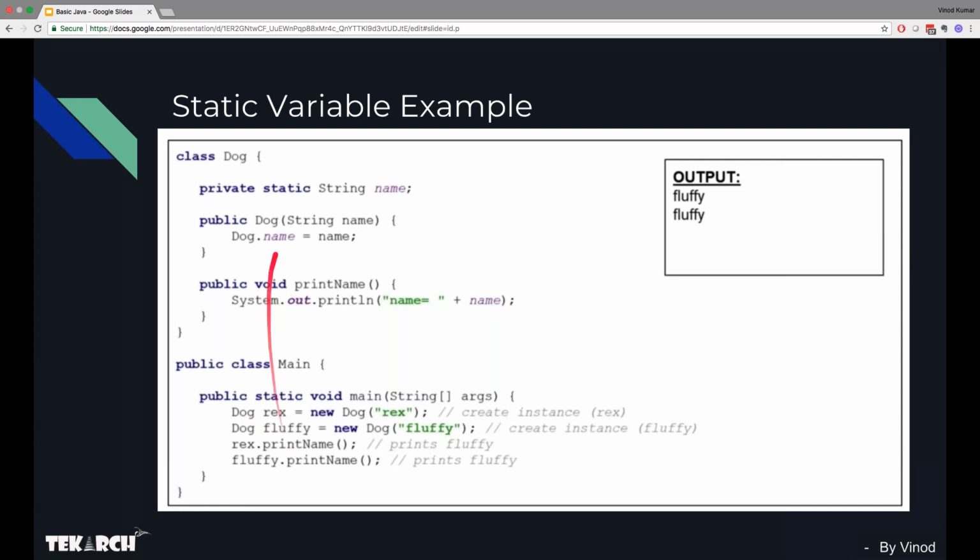If I keep the name as static, which I shouldn't, but I have kept it, what is going to happen? In the constructor, I'm setting the name. First time it is Rex, next time it is Fluffy. But when I say Rex.printName, Fluffy.printName, both times it comes out Fluffy. That is because it is static. There can be only one instance of it. Clear?